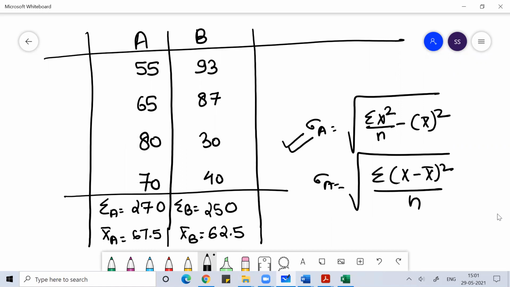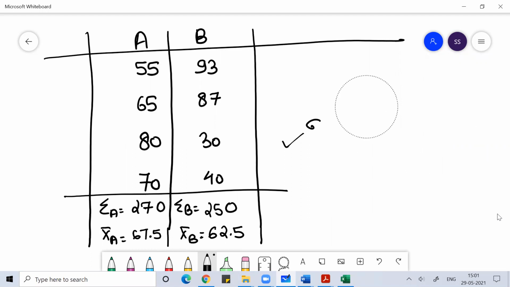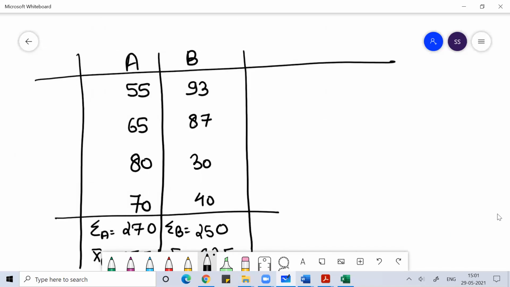You can use any formula, it doesn't matter, whichever way you do, you'll get the same answer. So if I take the squares for A: 55 square is 3025, 65 square is 4225, 80 square is 6400, and 70 square is 4900.